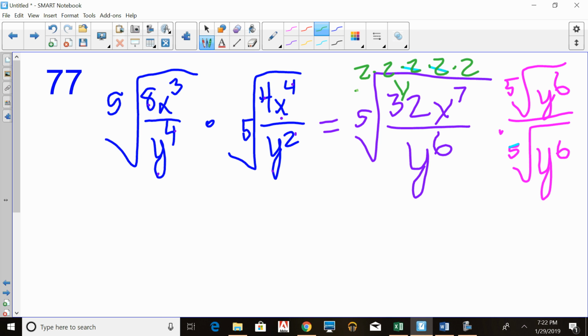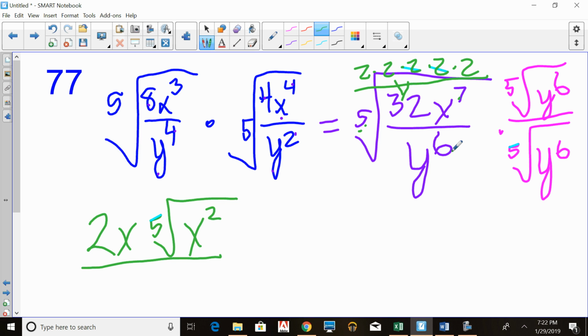It is. And how many 2's are there? There's 5 of them, and it's fifth root, so it's going to be 2. And now how many times does 5 go into 7? That's right, 1 time, so x, and the fifth root of x to the second, over, and 5 goes into 6 1 time, so there's a y down here, and then the fifth root of, there's 1 y left over.